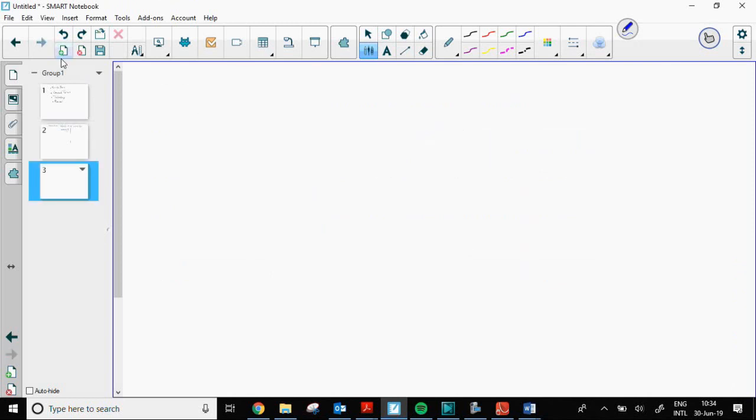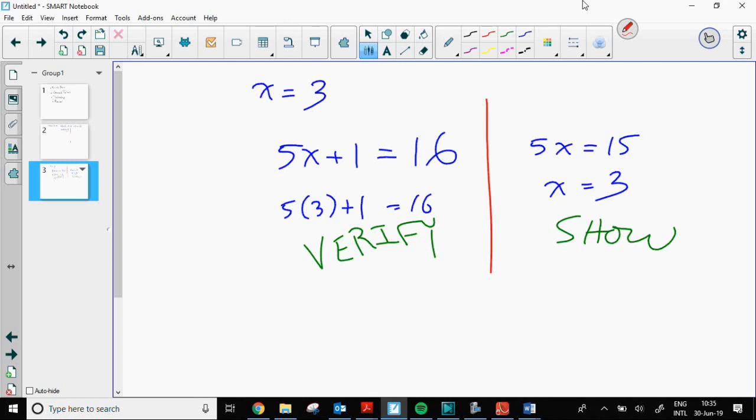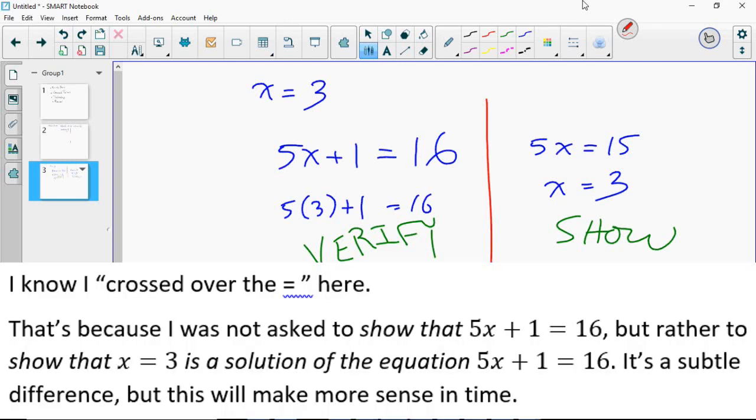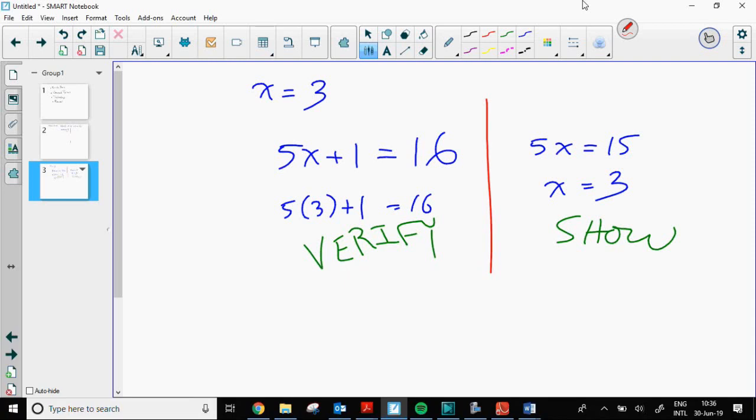Verify might say, verify that x equals 3 is a solution of the equation 5x plus 1 is equal to 16. On the left, I'm verifying that 3 is a solution to the equation. On the right, I'm showing that 3 is a solution to the equation. All right, you see the difference? Okay, that's all of the command terms that I think are really, really important.